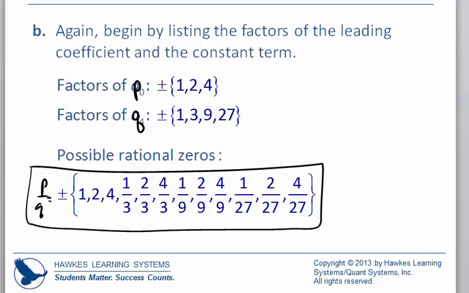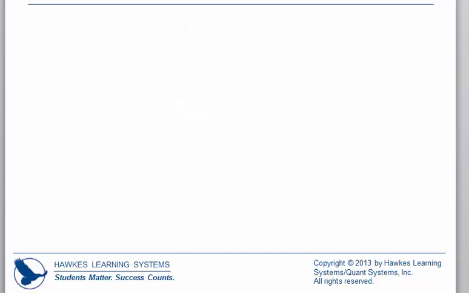So I'm going to check that one first. We're going to check x is equal to 4/3. Remember that if you check a number and the remainder is not 0, then you simply need to check something else.